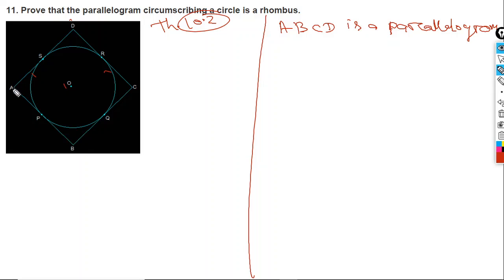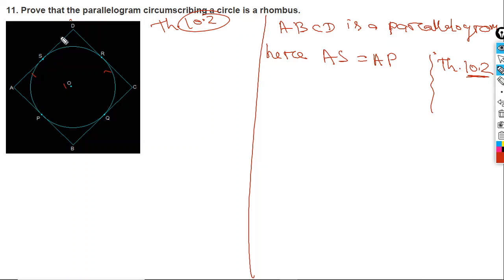Therefore we can say AS equals AP, isn't it? So we can write here AS equals AP. Reason is Theorem 10.2.